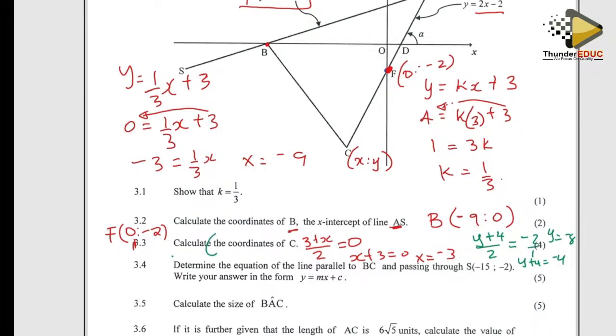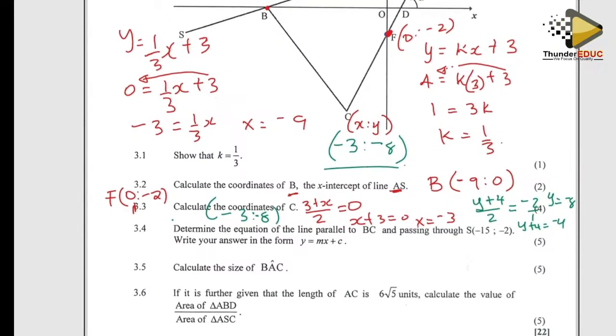So the coordinates of C are (-3, -8). Is that okay? Why am I having negative 3 and negative 8? Because it's negative 4 minus 4, which is negative 8. So that will be the coordinates of C.